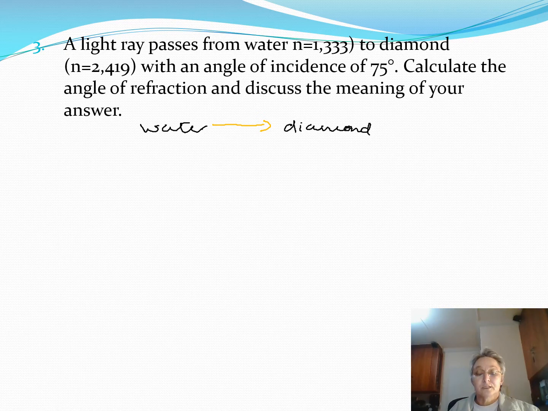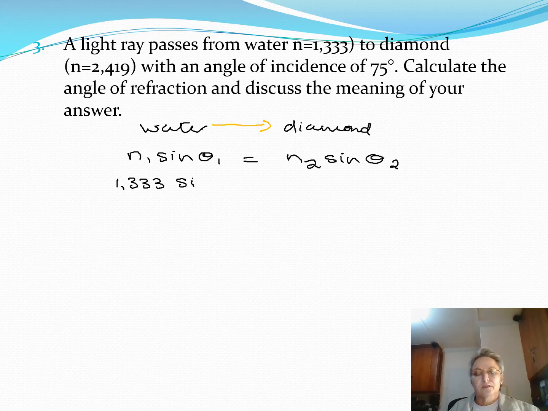So Snell's law equation, n1 sine theta 1 equals n2 sine theta 2. So the refractive index in water is 1.333. The angle of incidence is 75 degrees. So we get the refractive index of diamond is 2.419, and they want us to calculate theta 2.